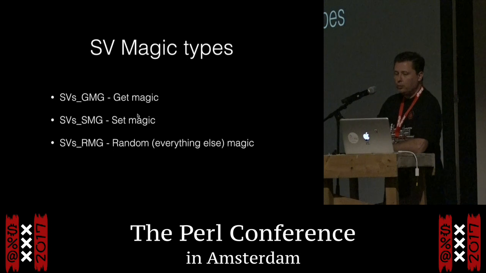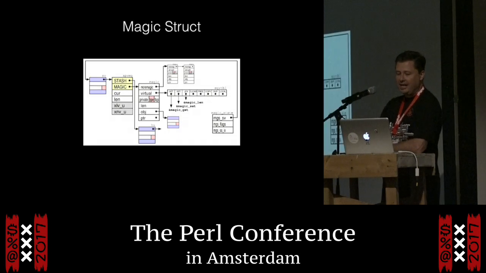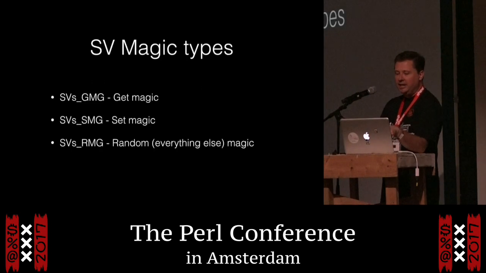So what we do to cheat on that is, back over in your SV, the SV has a series of flags that give information on that variable, and three of the flags that are updated every time you add or remove magic are your get magic, whether you're reading, your set magic, whether you're writing or altering that variable, and then you have random magic, which I've never really got a straight answer on when it's used, but it's used.